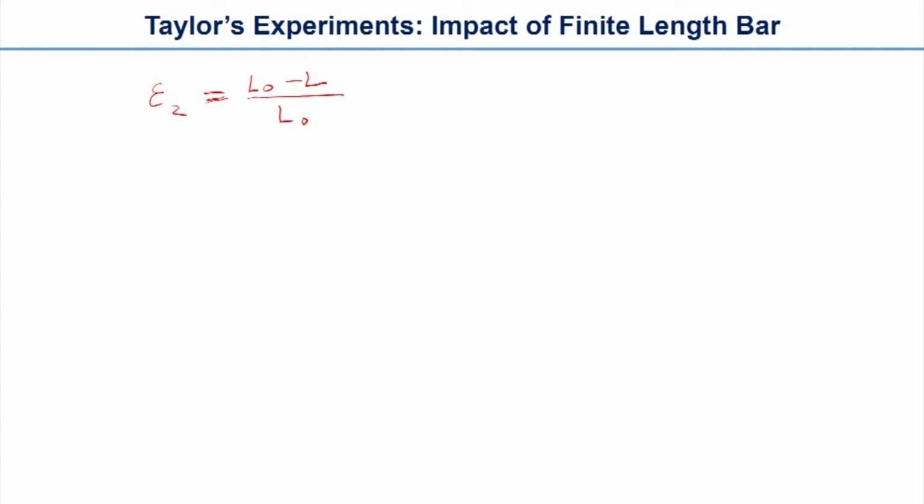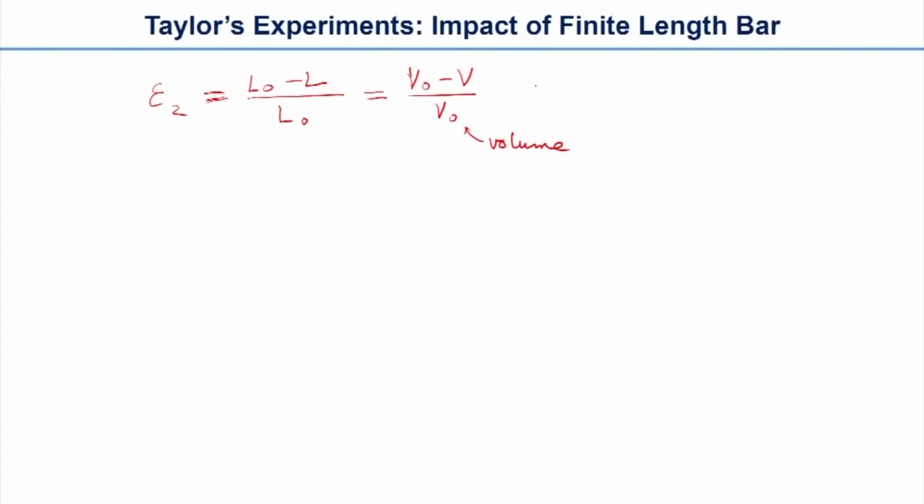And this will be equal to V naught minus V divided by V naught, that is the volume actually, not any velocity. We know that the volume is not constant, as we already discussed that the density will be different and the volume will be different. So this will give us rho minus rho naught over rho, because the area is constant.